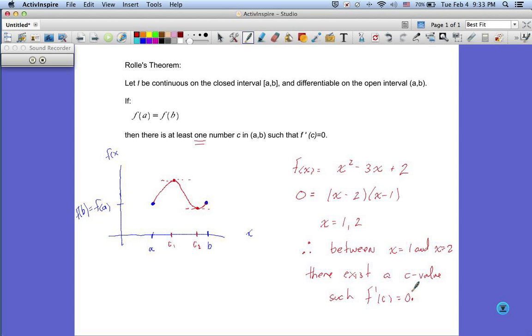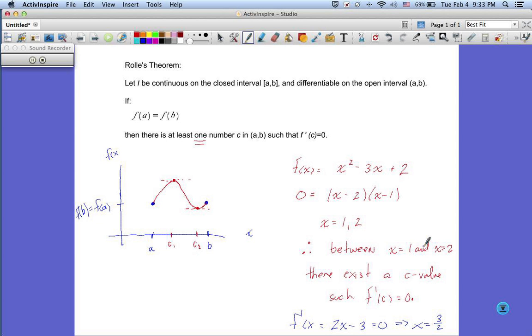Okay, you are guaranteed for that to be true. And to find that, you guys know how to do that. Simply take the derivative and set it equal to 0. All right, f prime of x equals 2x minus 3. When does that equal 0? Well, that equals 0 when x equals 3 halves. And sure enough, 3 halves is between 1 and 2.